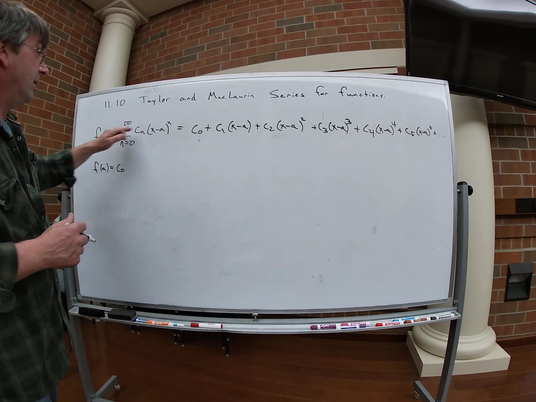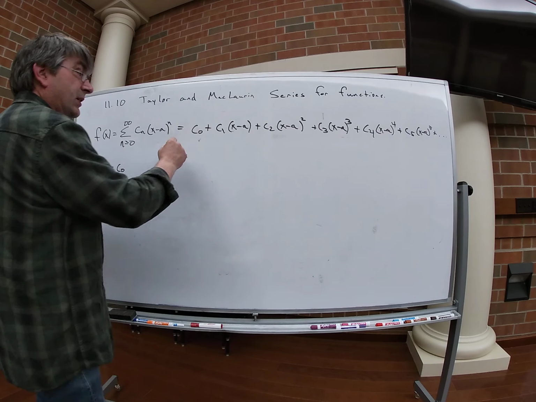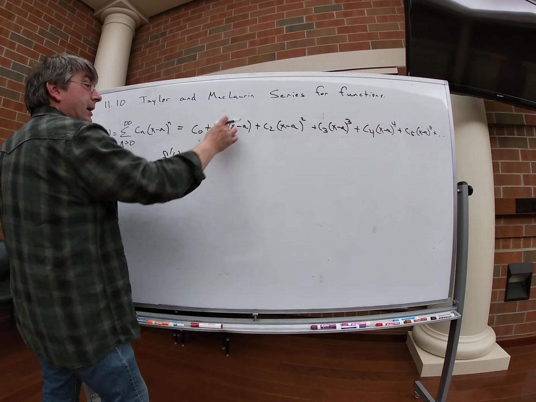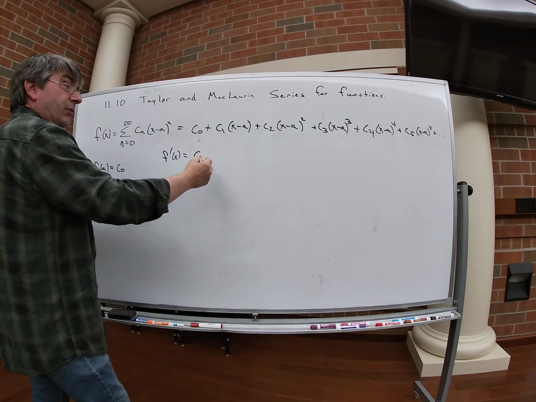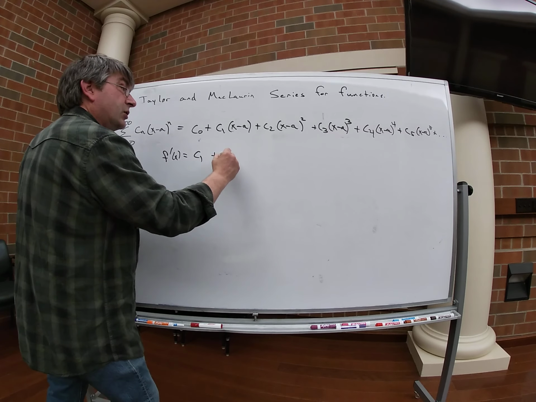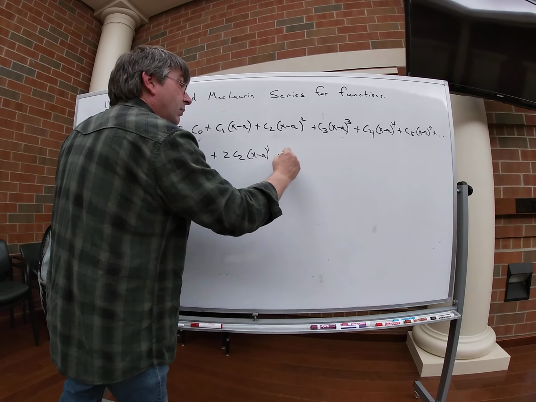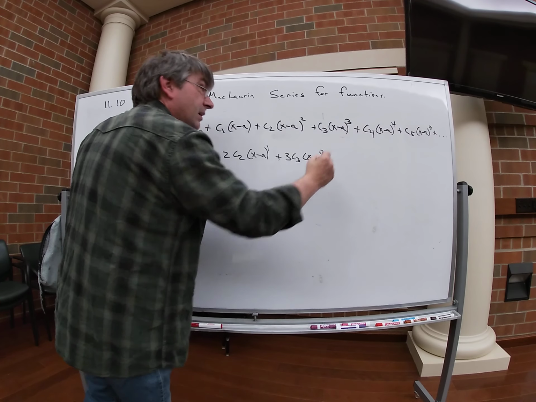So what happens if I differentiate this? Let's see, f prime of x, C0 goes away, I get C1 times x minus a, bring down the power 1, x minus a to the 0, but x minus a to the 0 is just 1. That's how I get to C1 by itself. Then I get 2C2 x minus a to the first plus 3C3 x minus a squared, right?